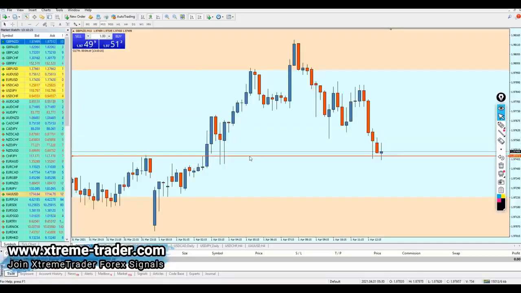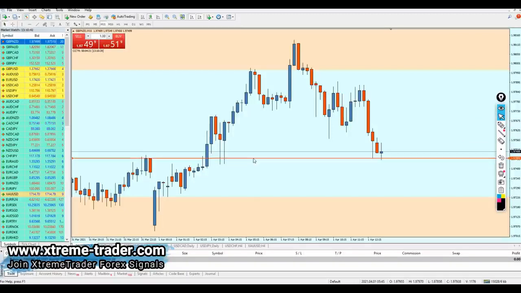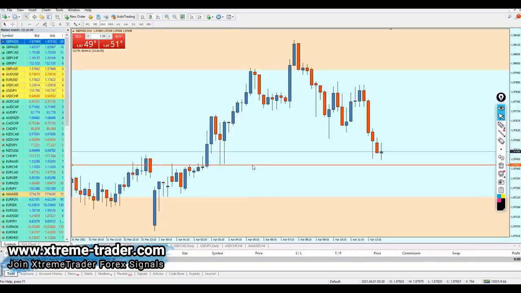So for example, right now we can see that I have drawn my support level right here, but if I want to be very specific, is it really right here? Is this where the resistance or the support line should be drawn here? Maybe the pair will reverse now, maybe not. So where exactly to know where the pair is going to reverse? It's very important, my friend. This is actually the most important part of the strategy.